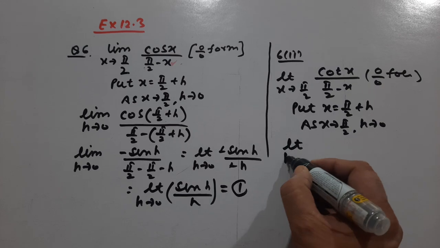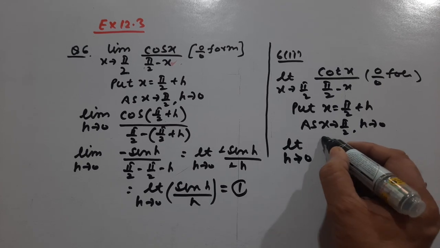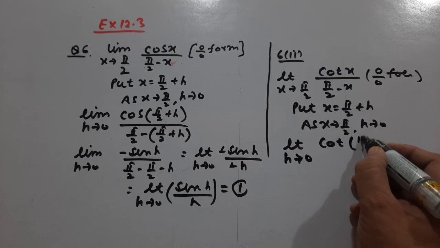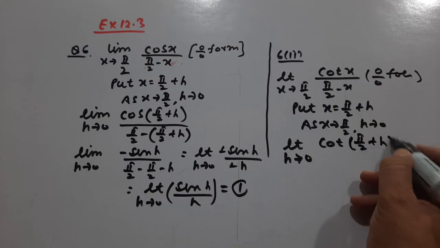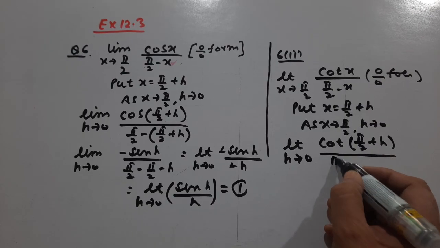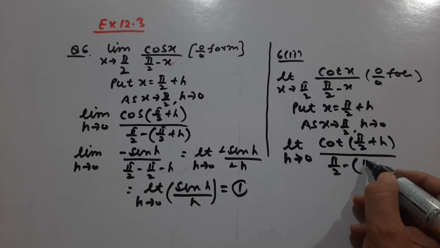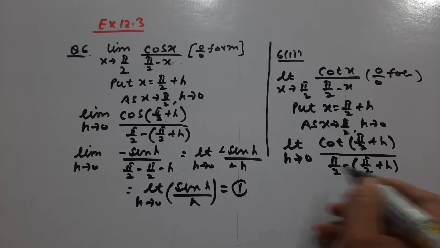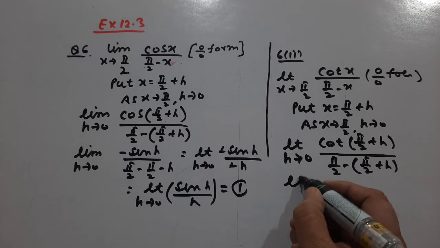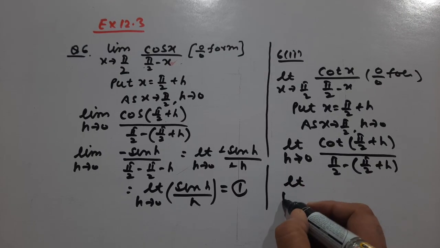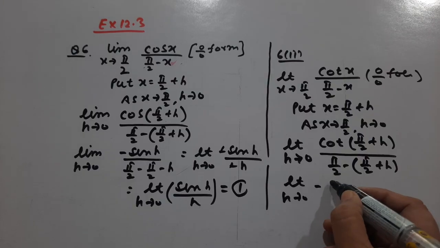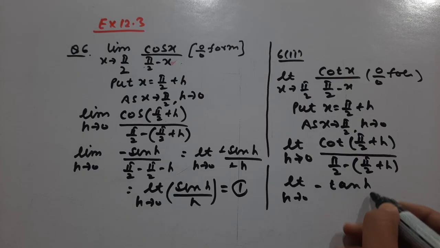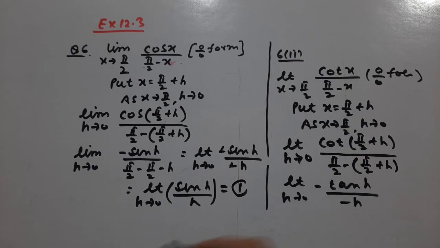So our question becomes limit h tends to 0 of cot of pi by 2 plus h upon pi by 2 minus pi by 2 plus h. Now students, we know cot of 90 plus h is minus tangent h upon minus h.